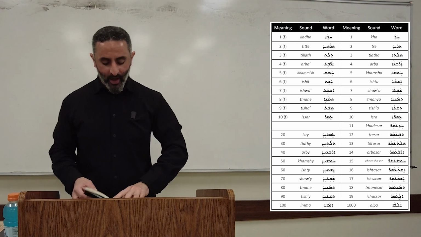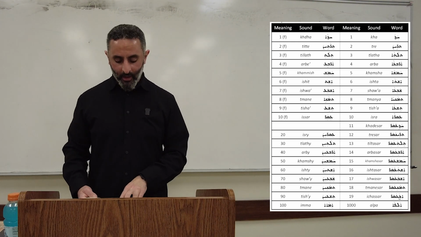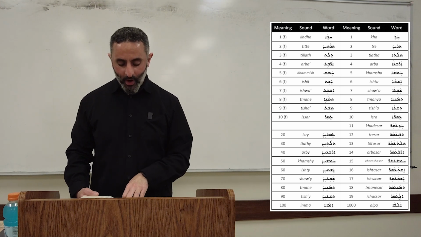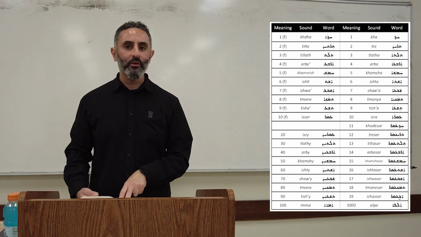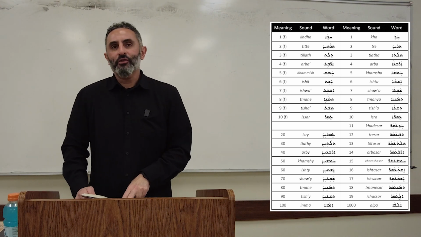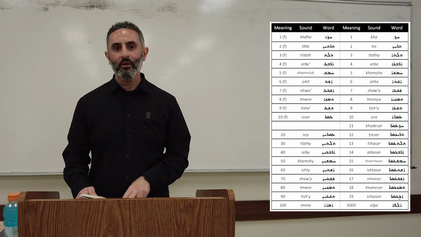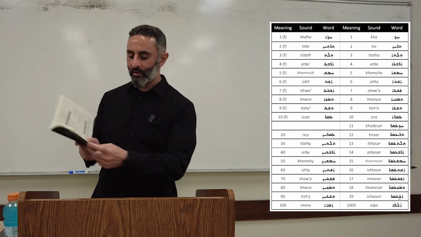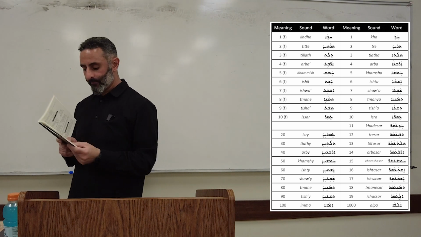3 and 10. Arbasar. Khamshasar. Ishtasar. Ishwasar. Tmanesar. This one, it's not tishasar. It's, for some reason, we say itchasar. I think it's just sort of a shortening of the word. And then go up to 20 is to the left. Everyone say isri.